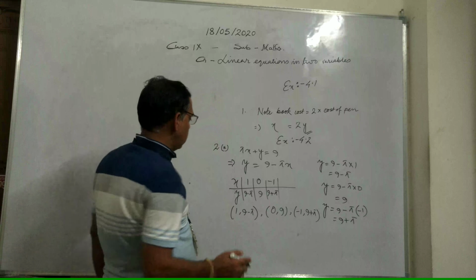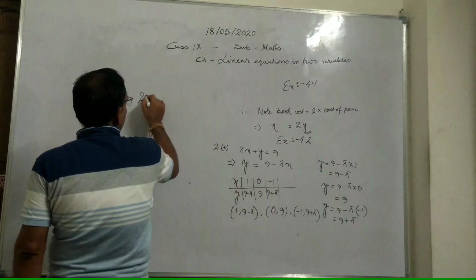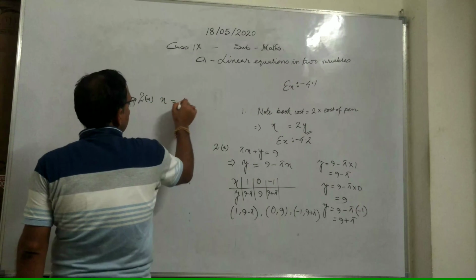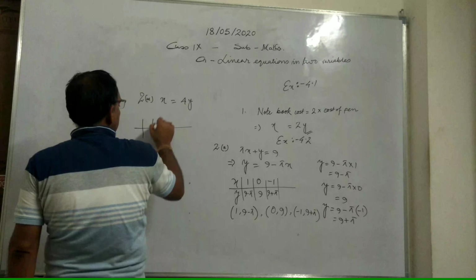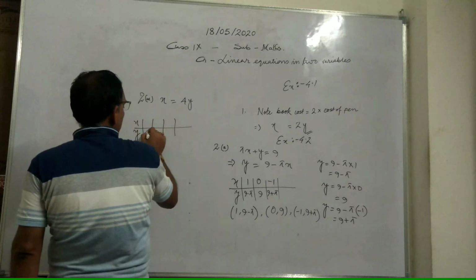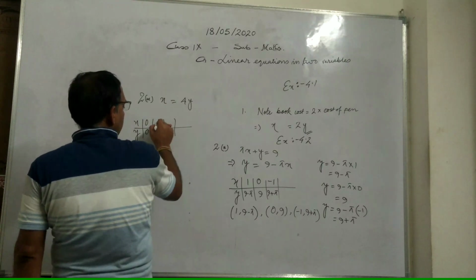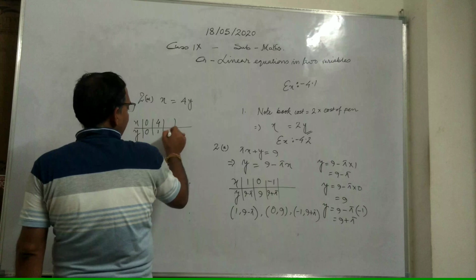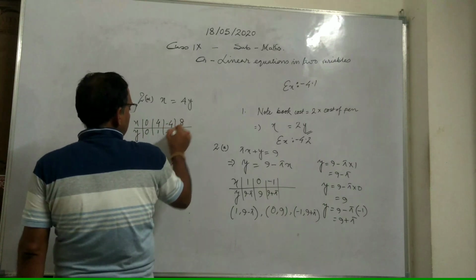Okay, so now I think you can do question number 2 Roman 1 and Roman 3. I'll show you once. Roman 3, 2 Roman 3. What is that? x equals 4y. Now make the table of x and y. So y is 0, x is 0. y is 1, x is 4. y is minus 1, x is minus 4. y is 2, x is 8.